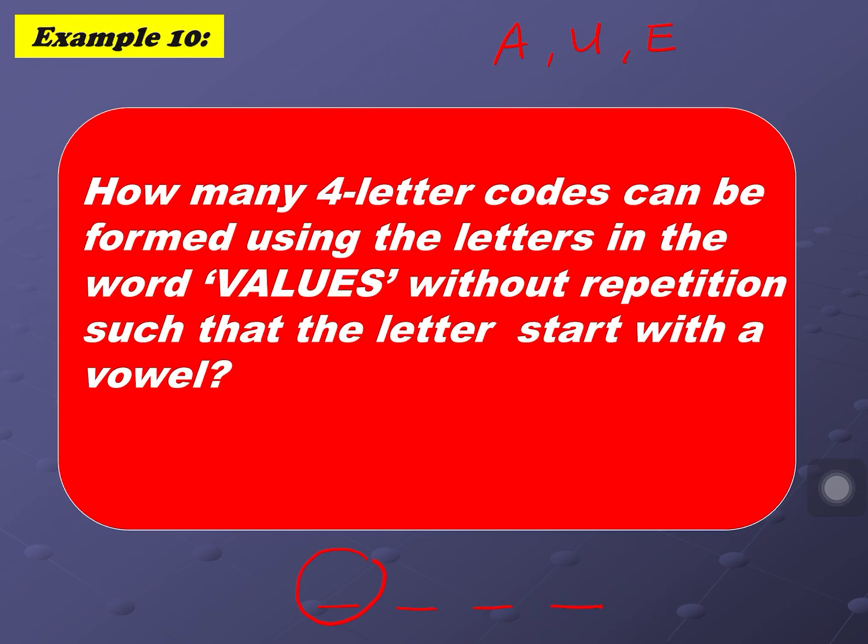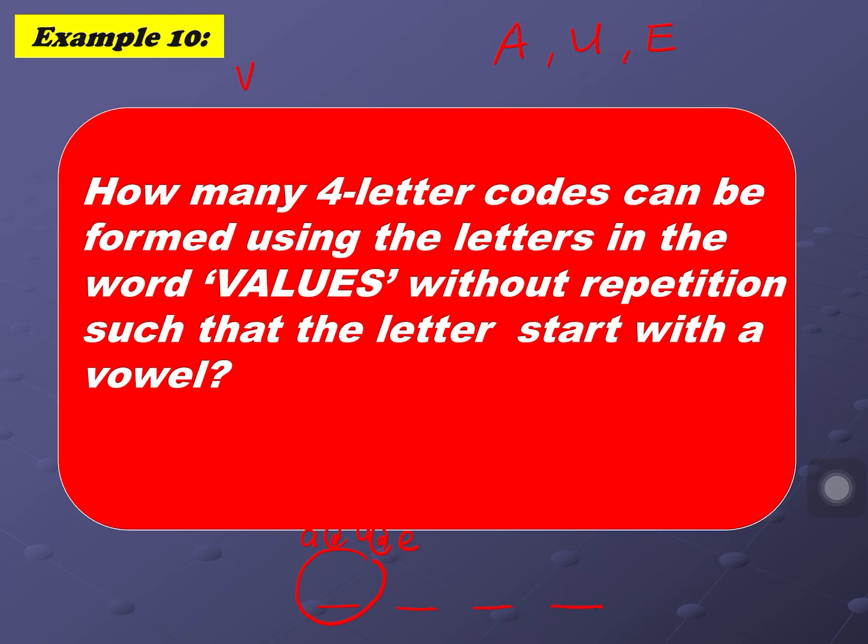There are only 3 letters that can be put in front, because the question wants a code that starts with a vowel. So it's either A, U, or E. So we pick one to put here.